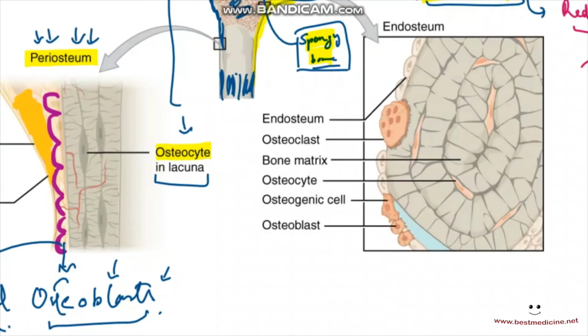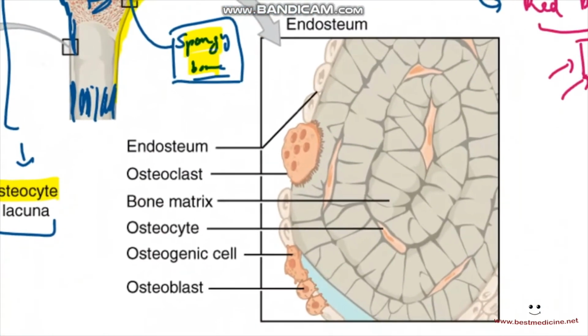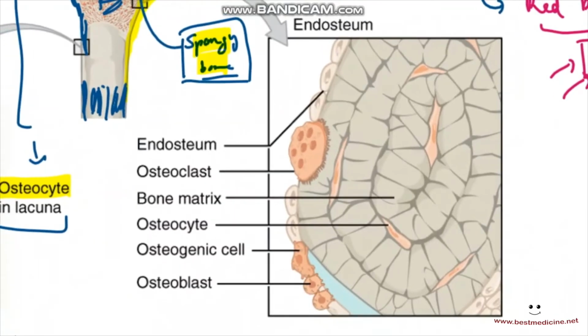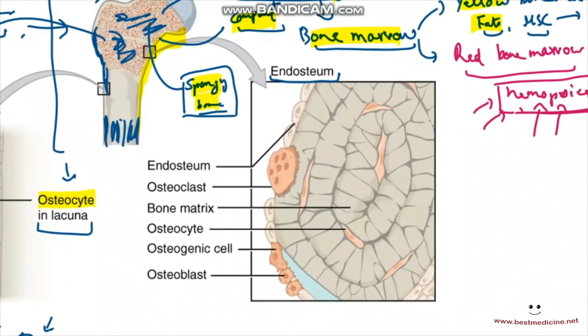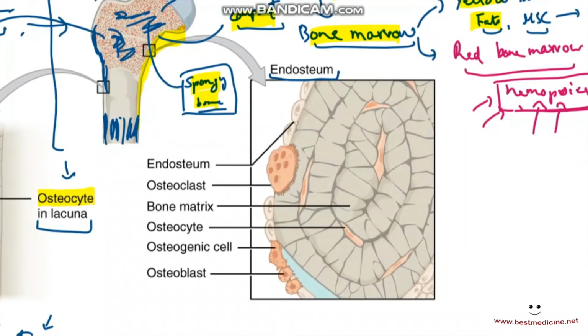So we just learned that the layer surrounding the bone on the outside is called the periosteum, while the inner layer is called the endosteum, which surrounds the bone on the inside. For example, the spongy bone on the inside is surrounded by endosteum instead of periosteum.